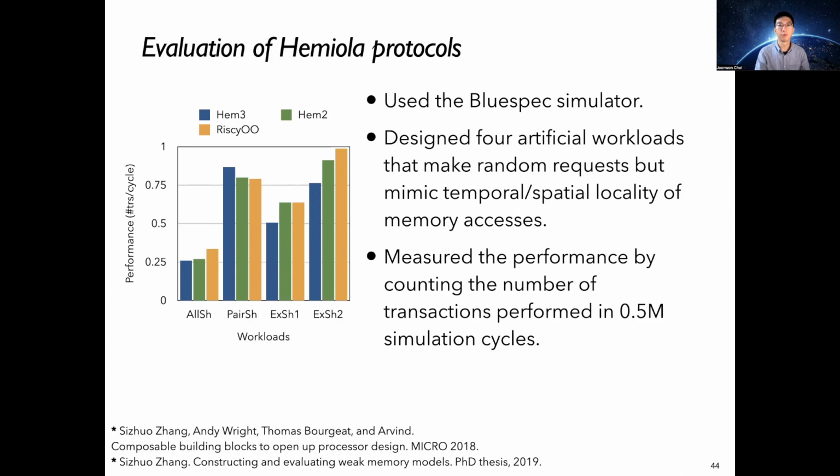We measure the performance by counting the number of transactions performed in 0.5 million simulation cycles. The result shows that the Hemiola protocols are competitive with a practical implementation coded by hand.